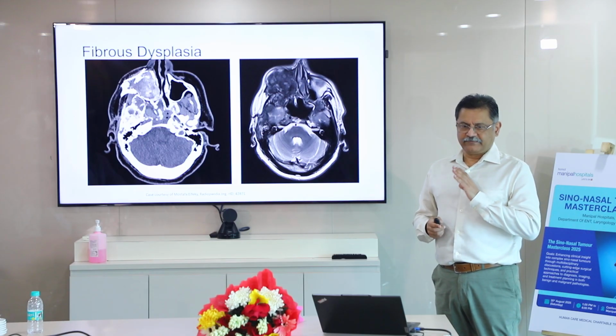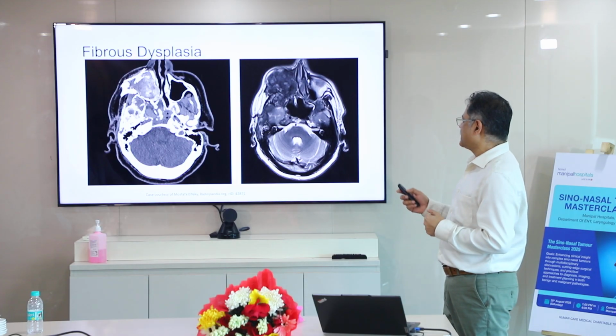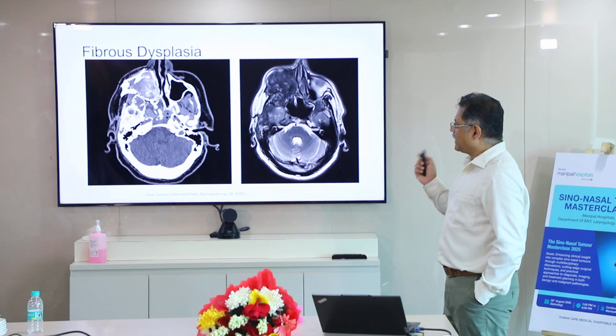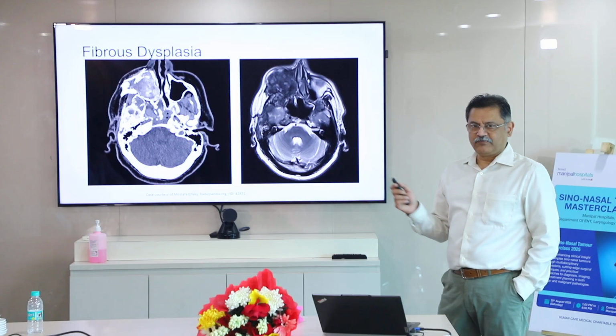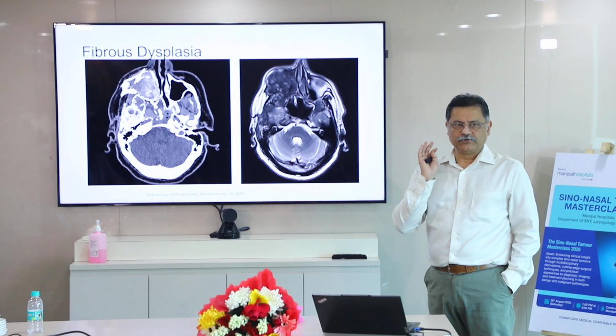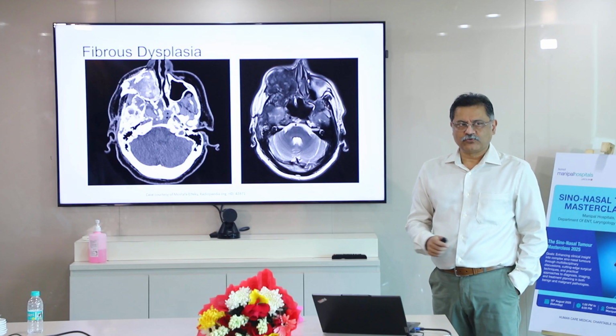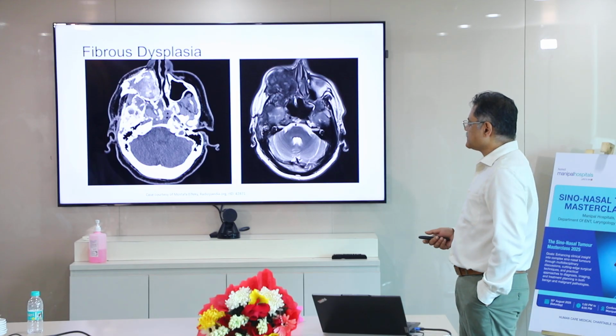It can appear as a very destructive lesion. It can have various kinds of changes, whereas with the CT scan, just one look at the ground glass appearance that you get in fibrous dysplasia is characteristic and would give you a diagnosis.